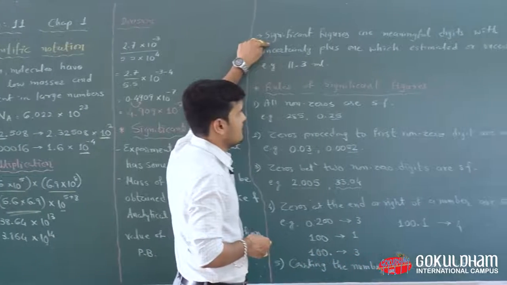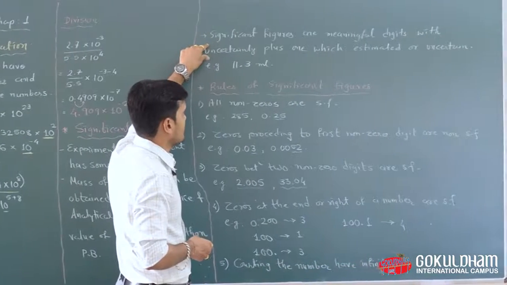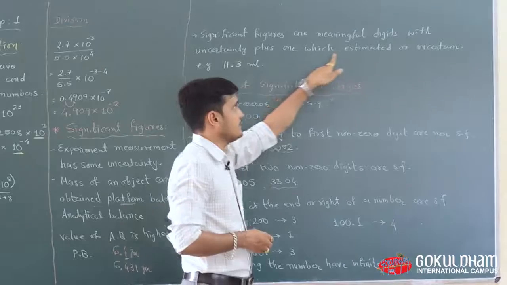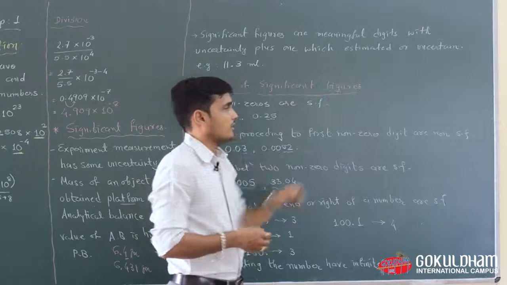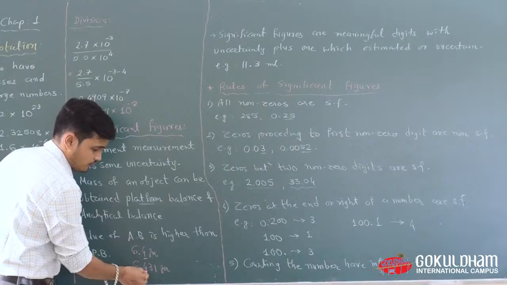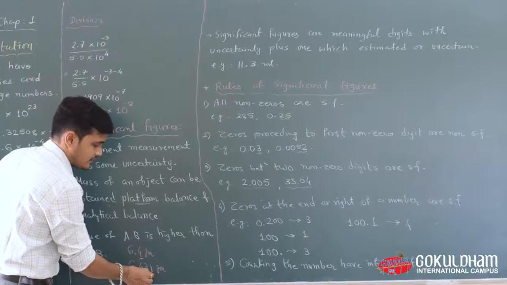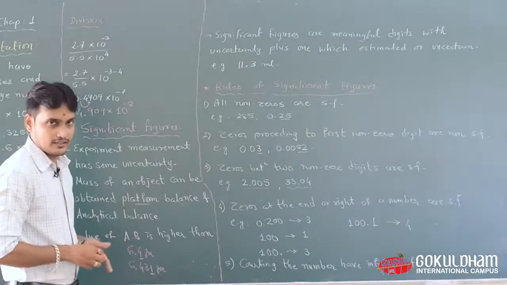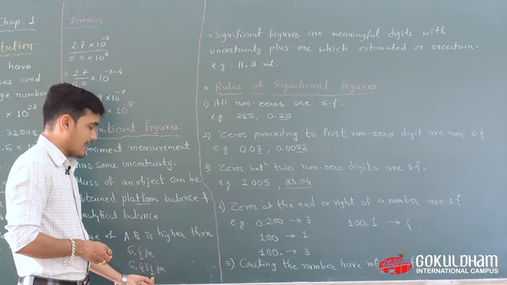So we can say that significant figures are meaningful digits with uncertainty plus one which is estimated or uncertain, because in this 6.431 gram the last digit is 1. So we can understand very easily the uncertainty in the last digit.